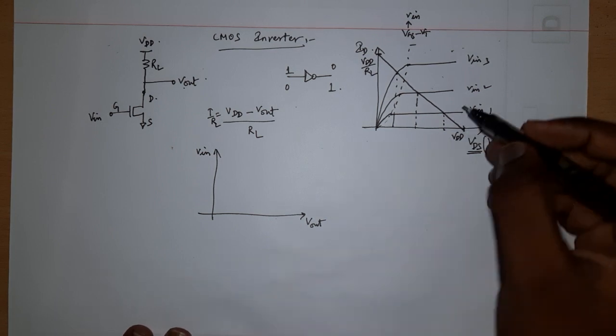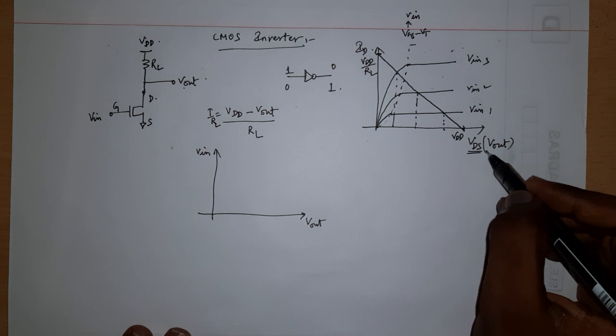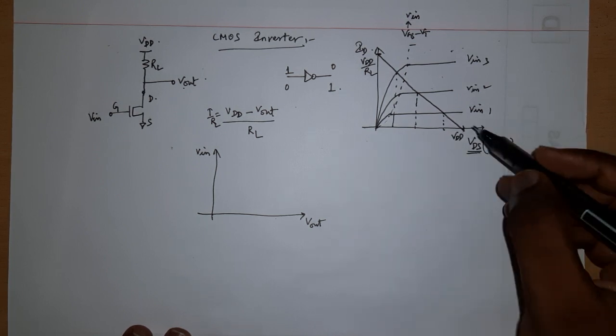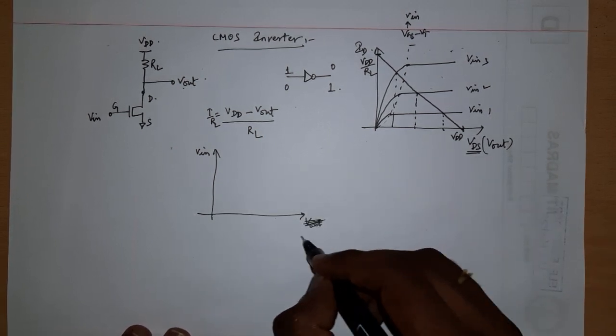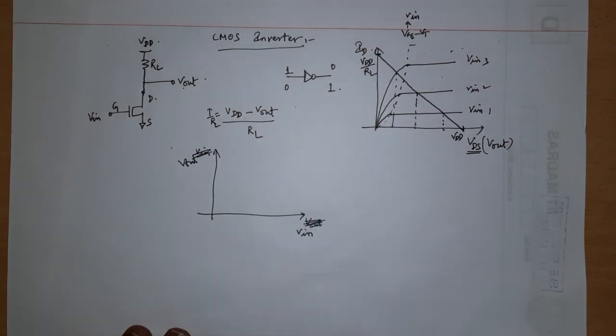First of all, when Vout is equal to 0, that means when VD is equal to 0, current is 0. Or no, I'm sorry, this is wrong. This is Vin and this is Vout. Vin versus Vout is what we have to draw.